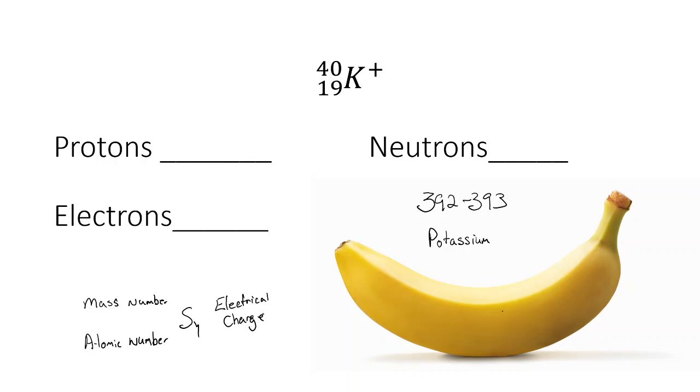So how many protons do we have here? 19. We knew that because that's the atomic number. So the mass number tells us the number of protons plus neutrons has to equal 40. So 40 take away our 19 would be 21. So 21 is the number of neutrons.